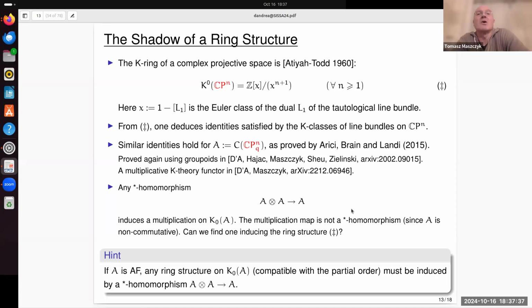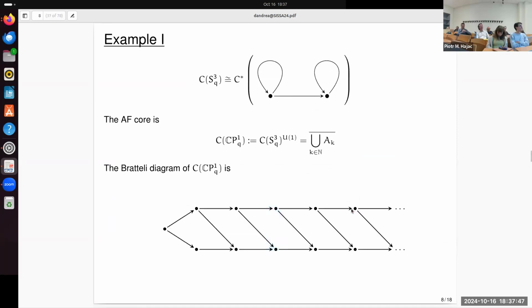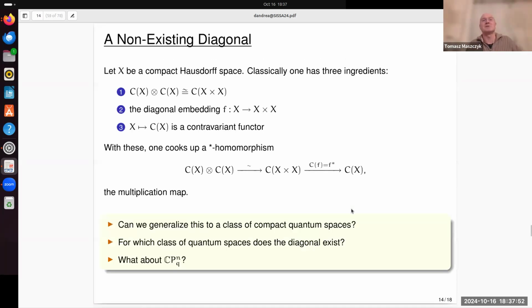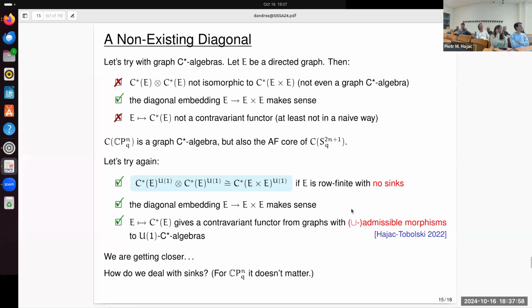Okay, so could you come back to this page with this course from? But the definition, you mean? No. Of this graph C*-algebras and product of graphs. Yeah. This one. Yes.